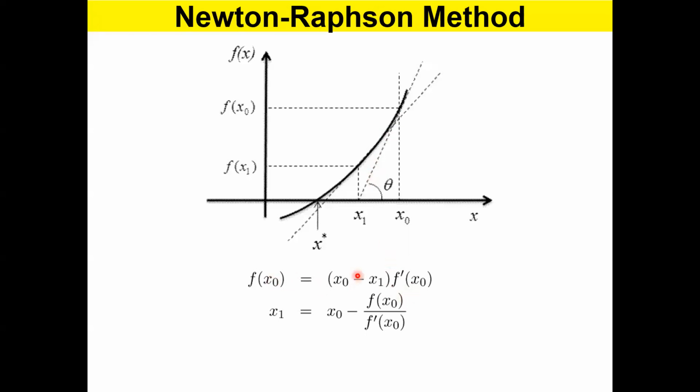Now, when you put the function value, the gradient value, and also the value of x0 into these equations, you can calculate x1. Very easy. When we rearrange this equation, x1 is equal to x0 minus fx0 over f dash x0.